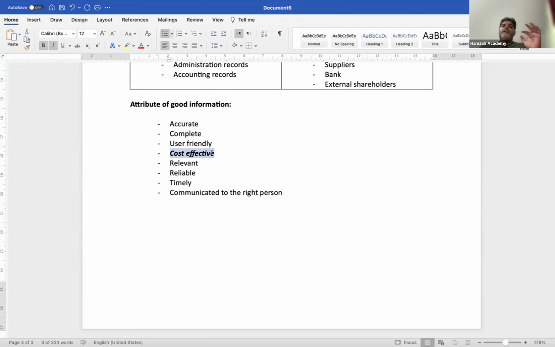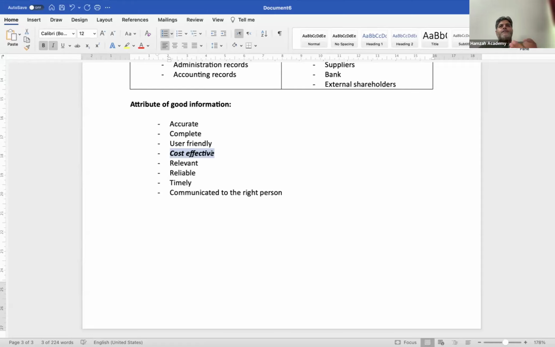If this is not the case, then there is no point of spending the cost, and no point of getting the information. If you end up spending extra, there's no point. So remember this point, okay?